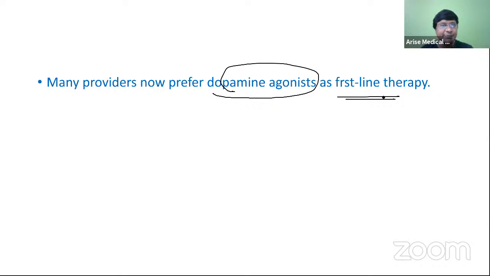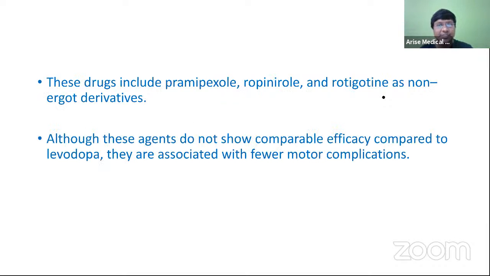Now, what are the examples of dopamine agonists? The dopamine agonists include pramipexole, ropinirole, and as well as rotigotine. So these are dopamine agonists.